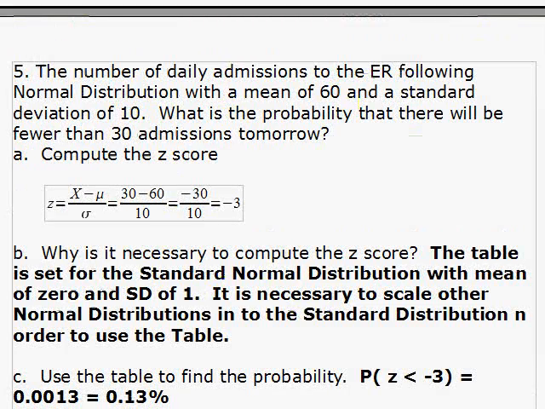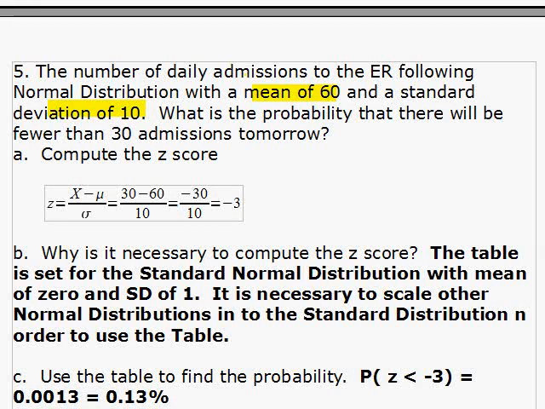Now you can use that same table again, but the data is not for a standard distribution. So in this case, we have the number of daily admissions to the ER follows a normal distribution, but it has a mean of 60 and a standard deviation of 10. What's the probability there will be fewer than 30 admissions tomorrow? Well, first you have to find the z-score.